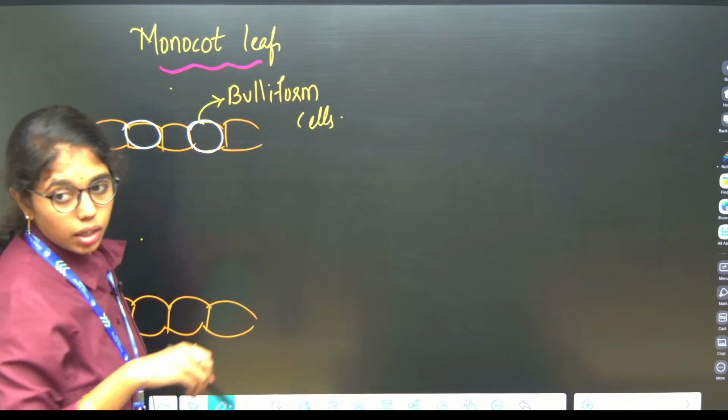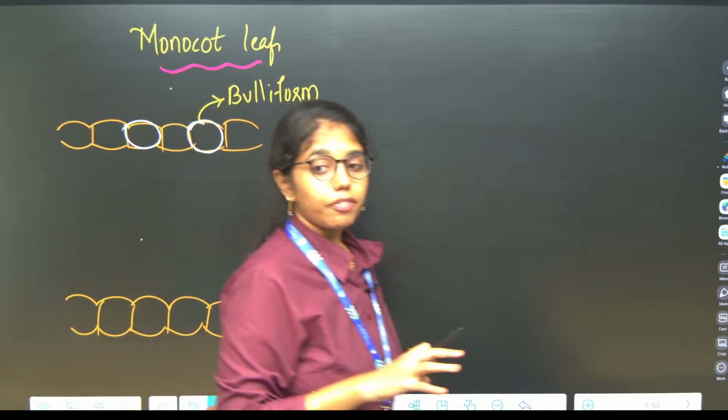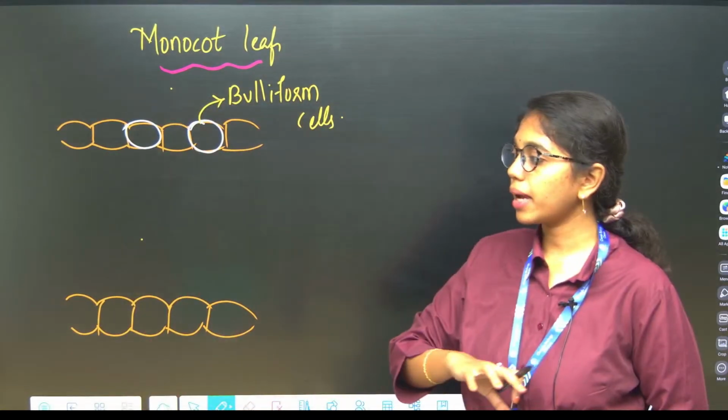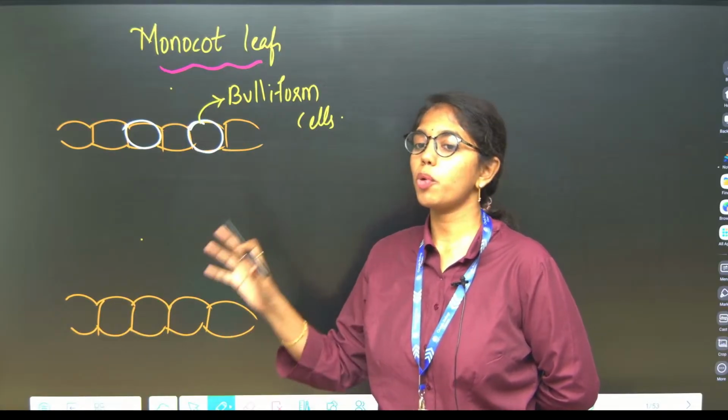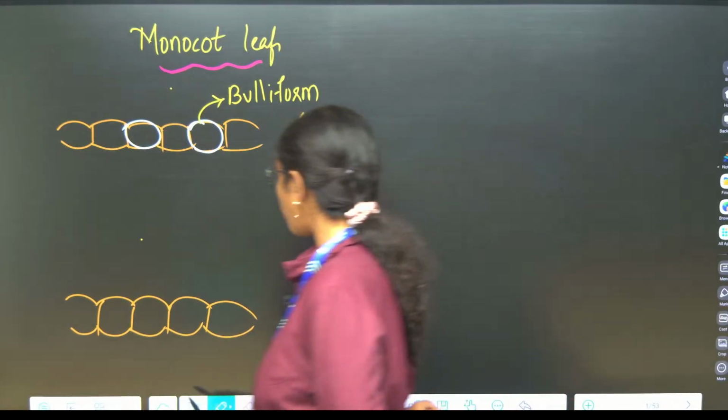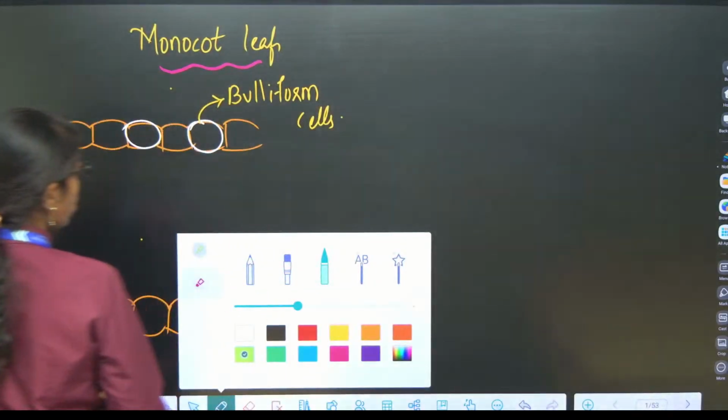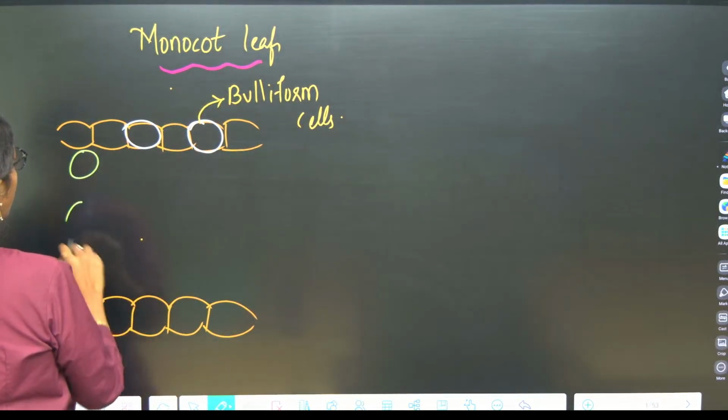Unlike the dicot leaf, where you have seen both palisade parenchyma and spongy parenchyma, in monocot leaf you will see only spongy mesophyll cells. There is no palisade parenchyma, no mesophyll differentiation is observed in monocot leaf.